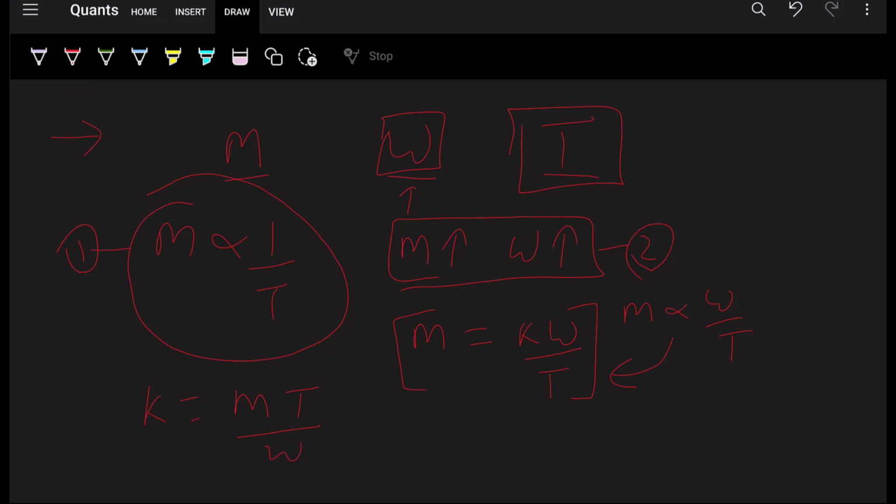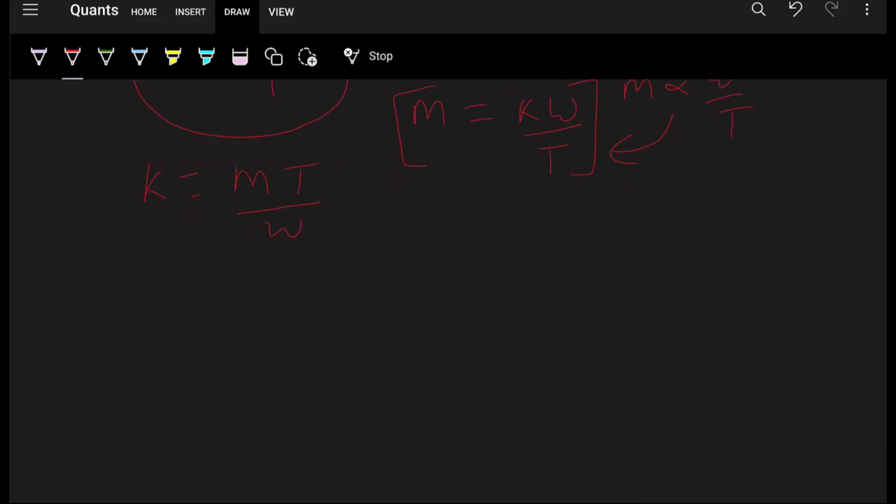Okay, so now we got K is equal to MT divided by W, where K is any constant. So from here I can say that if time, we can write what as D into H, days into hour. So we can say that M D H divided by W is equal to constant.